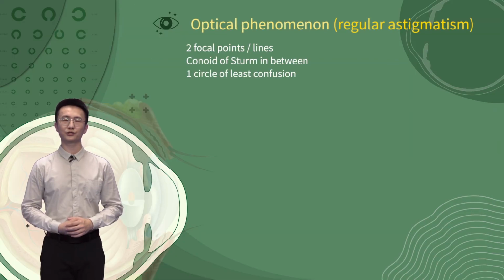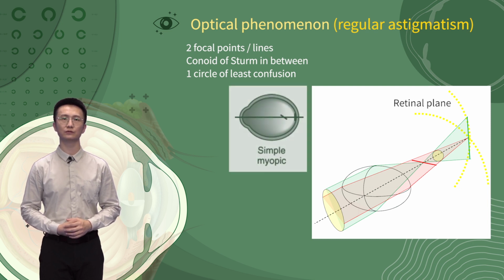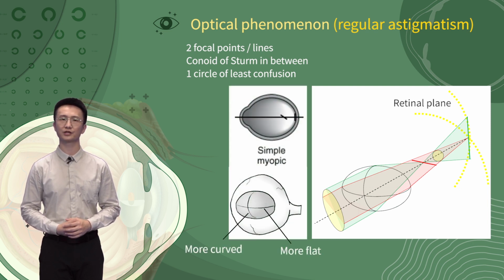In regular astigmatism, each of the principal meridians produces a linear image at its focal distance. Take with the rule and simple myopic astigmatism as an example, in which the cornea is like an egg with greater refractive power at 90 degrees.